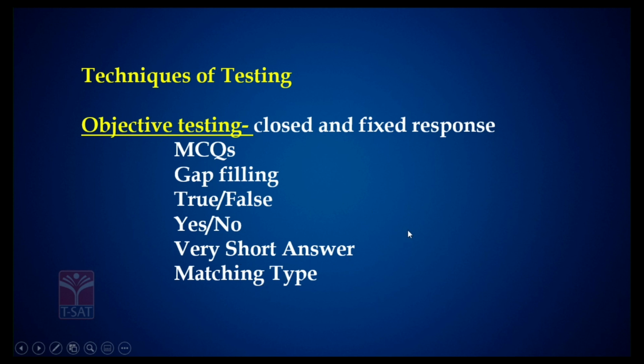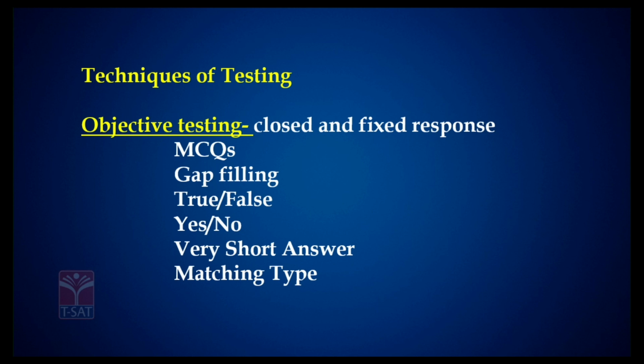If we look into objective test items, the response is very fixed. If you take an MCQ type test item, the answer may be either A or B or C or D. You cannot have both answers, A or B or C or D or even A, B, C. It is impossible.